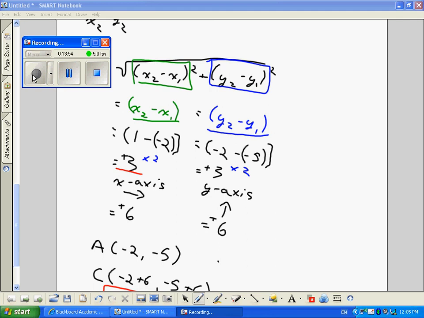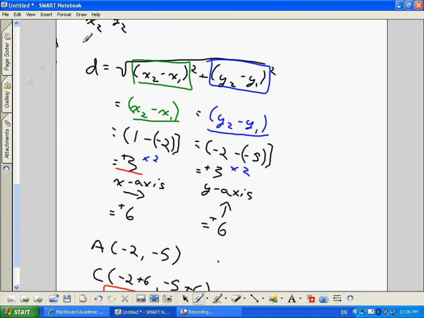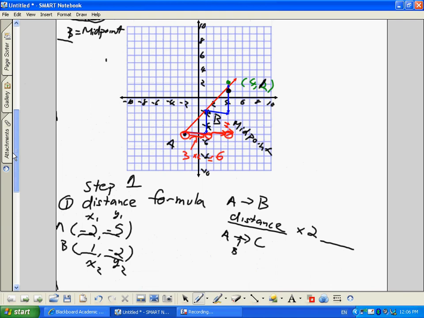If you had actually carried out the full formula, you would have found the actual distance from point A to point B, which is nice, but it becomes very hard to draw on a graph. Let's quickly see what it would have been. It would have been the root of 9, which is 3. Okay? That one worked out nice.